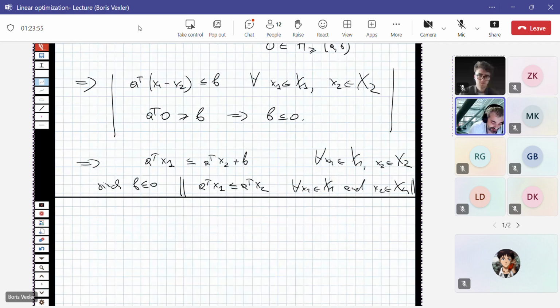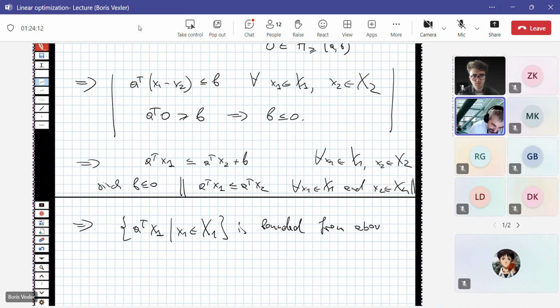And now from this we can say that if we consider the set of all numbers a transposed x1 for x1 in capital X1, this set is bounded from above. Since we just take one element from X2, and they have a bound for all such inner products a with x1.